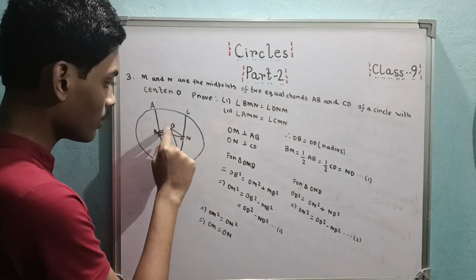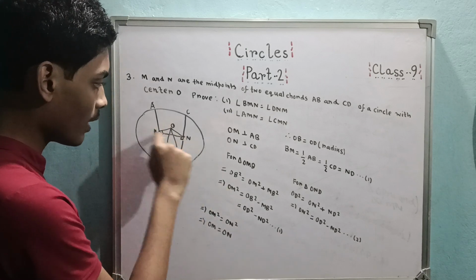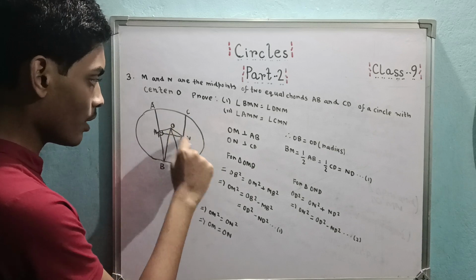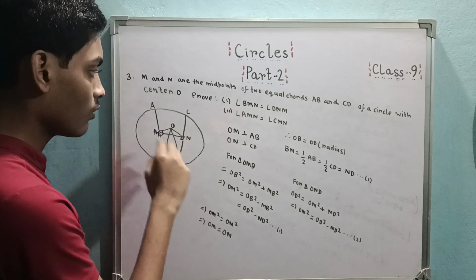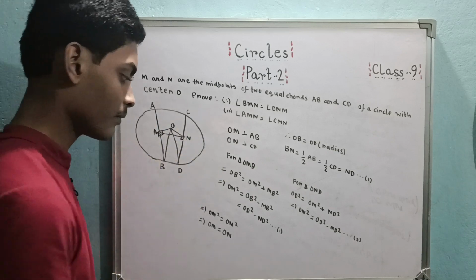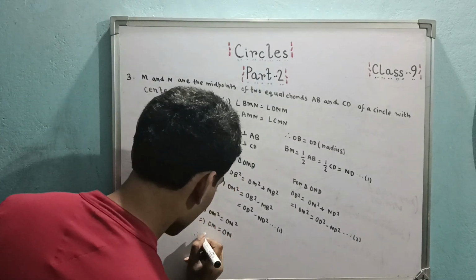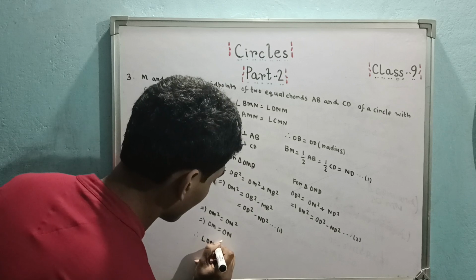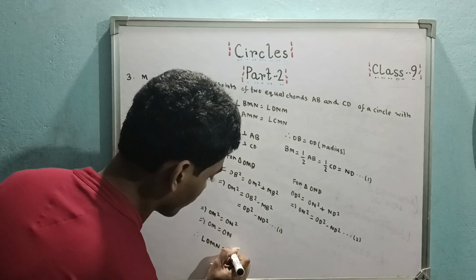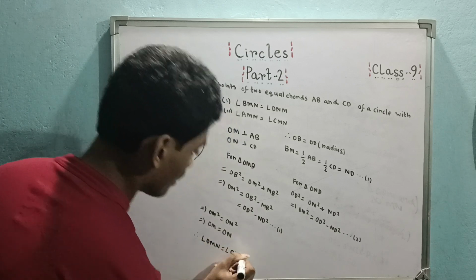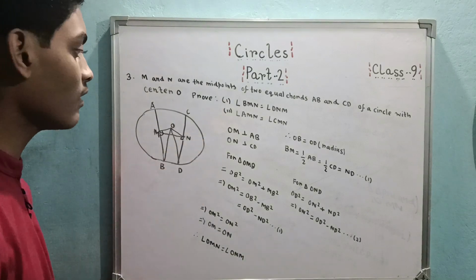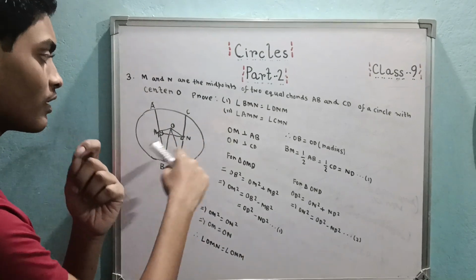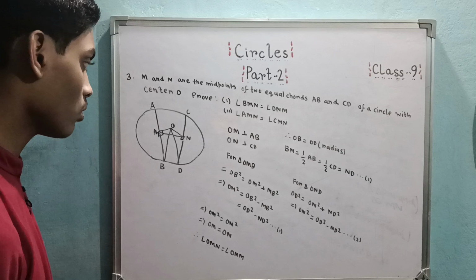See, OM, so M is here, so OMN. And ON is here, so ONM. So these are equal, okay? Therefore, angle OMN equals angle ONM. If two sides are equal, the respective angles are also equal.